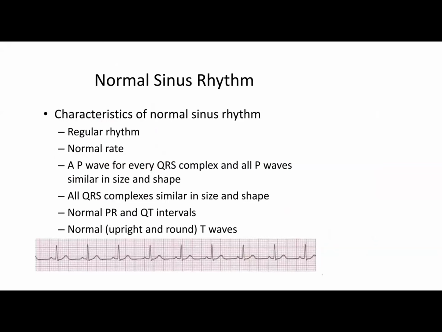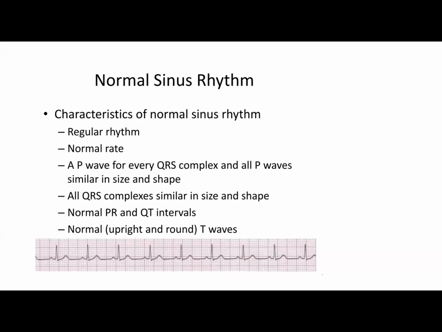They're all right. Normal sinus rhythm arises from the SA node, and it has a regular rhythm, normal rate for age, and every P wave is followed by a QRS complex. All P waves are similar in shape and size, and all QRS complexes are similar in shape and size.